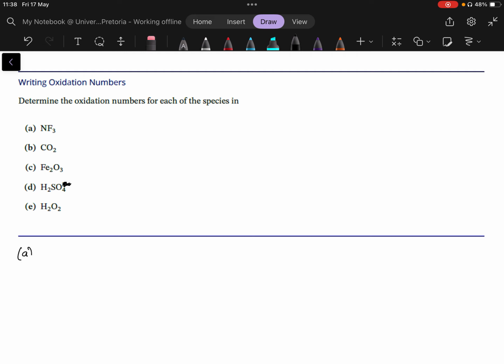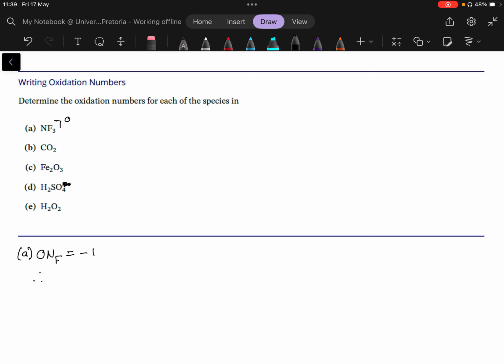So for A, we have NF3. The species that we know something about is F. The oxidation number of F is equal to -1. The species has an overall charge of 0 because it's a compound, it doesn't have a charge.